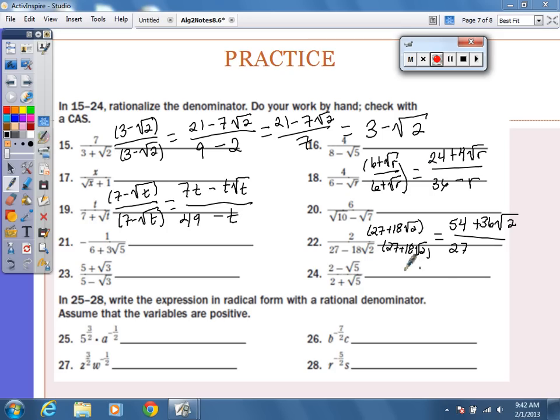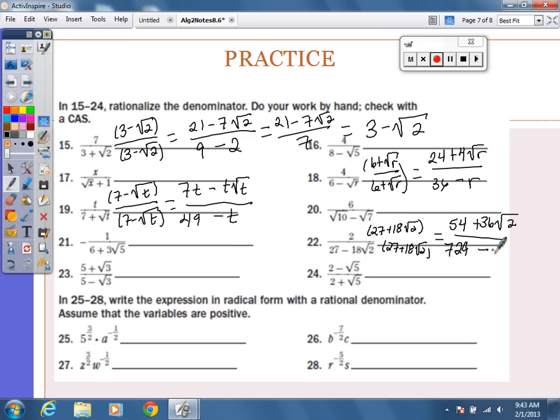Okay, I got 18. When I do this, 27 times... Oh, why did I write 27? Good thing I caught that. 27 times 27 is what I need to do first. Ew, 729. Now, the O and the I will cancel, and I'm left with minus 18 times 18 is 324.